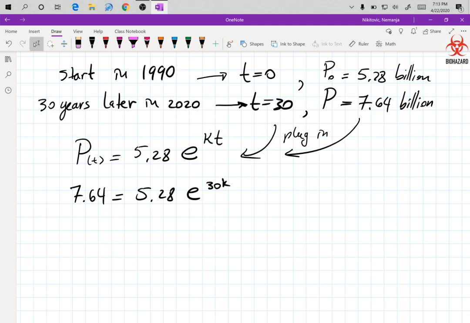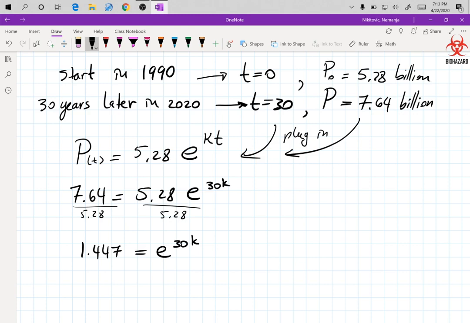And now divide both sides by 5.28. 7.64 divided by 5.28 is going to give me 1.4469, about 1.447. So that is equal to e to the 30k.